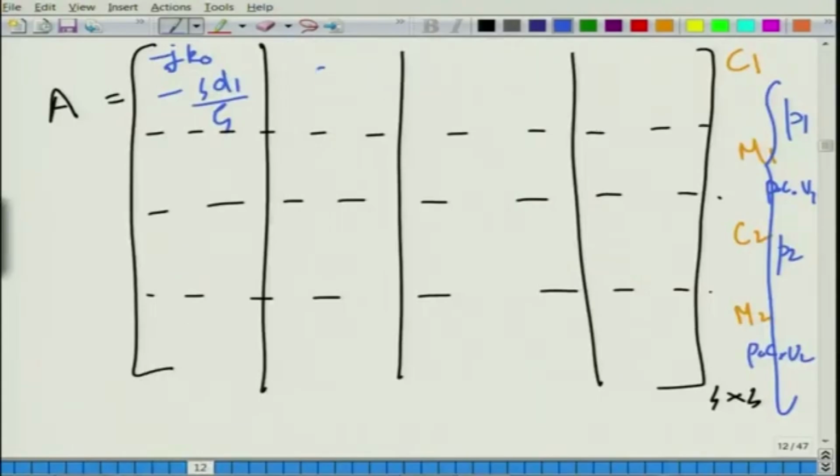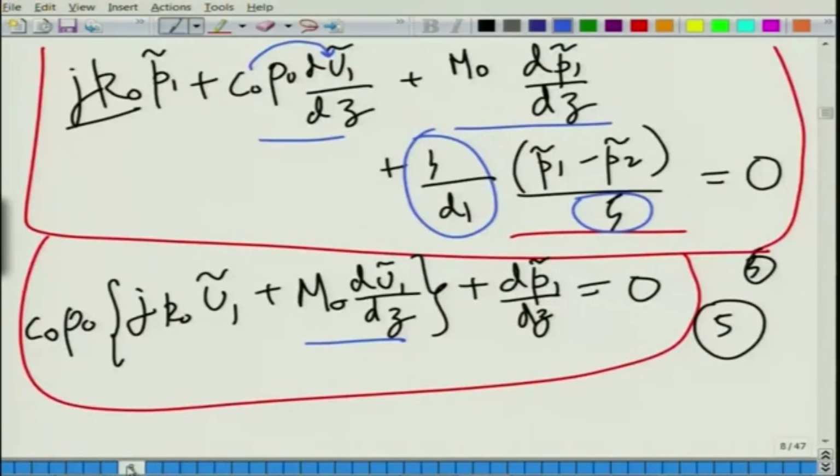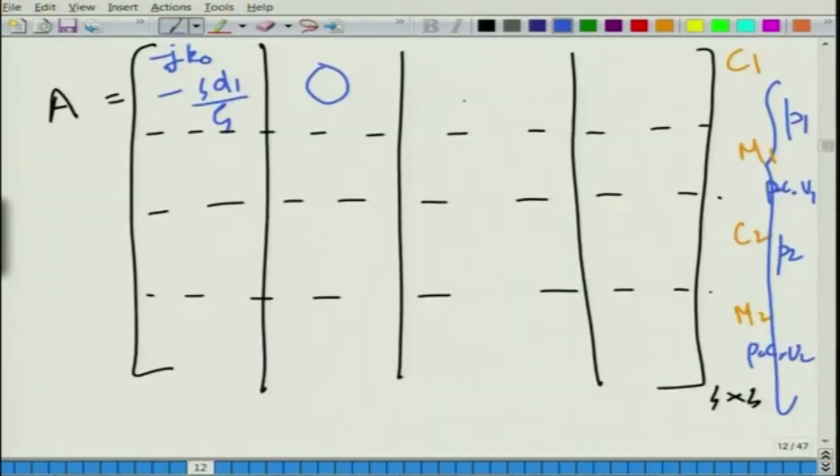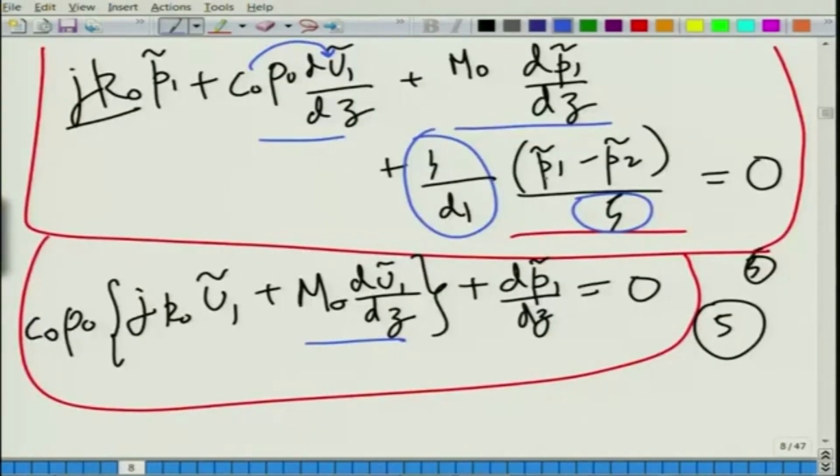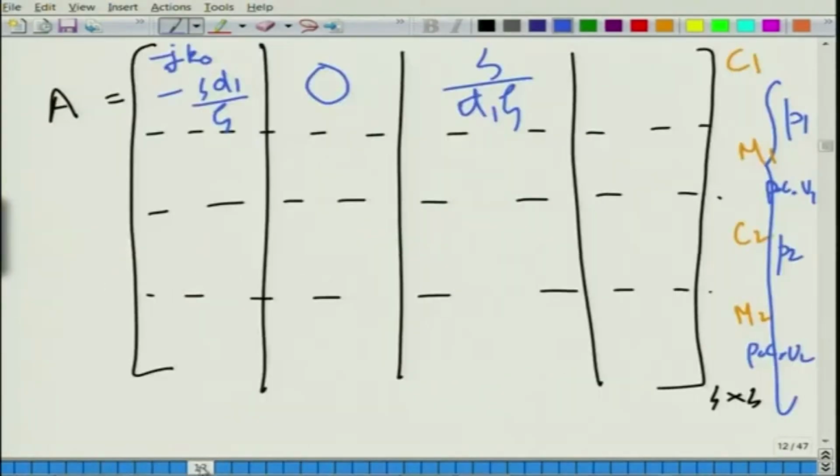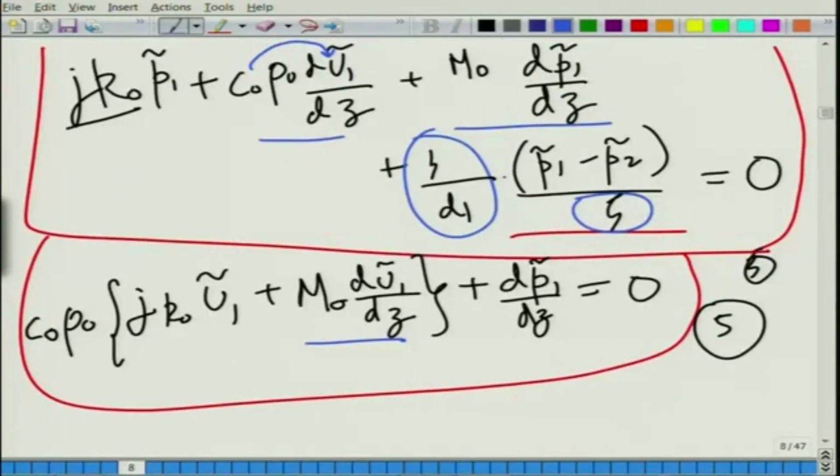So here it will be 0, because this will be multiplied by this guy, and like I said, this will be 4 divided by d1 zeta. I guess I made a mistake here, so sorry for that. It is 4 divided by d1 zeta, okay, and here will be 0, because there will be no u2 term.